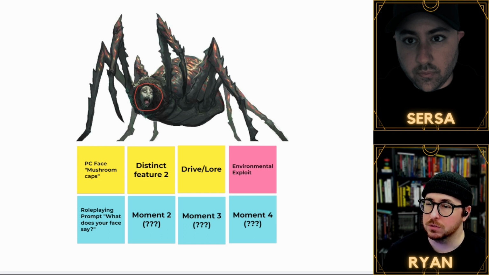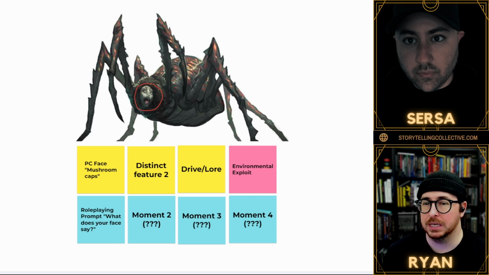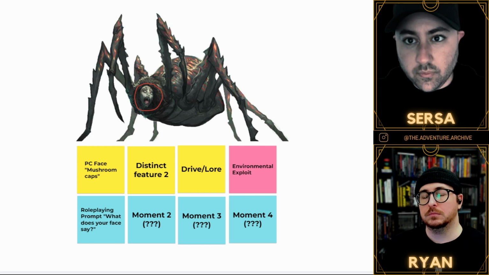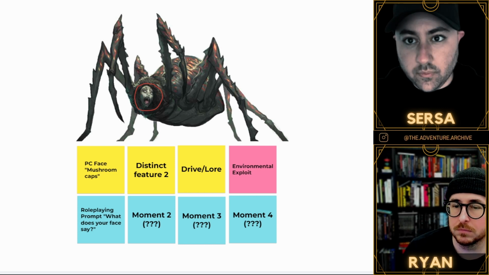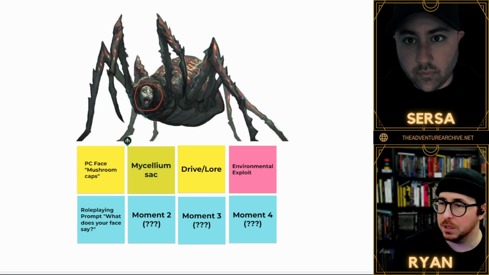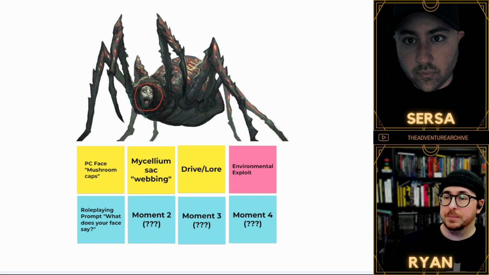Does it have to be a physical feature, or could it be an attack later? Because I'm picturing that even the webbing isn't really webbing, it's more like mycelium. We can just do a mycelium sac, or mycelium, instead of webbing, because it kind of is webbing, but it's definitely not. When it hits, it doesn't have to stop growing. It's not like it webs and stops.